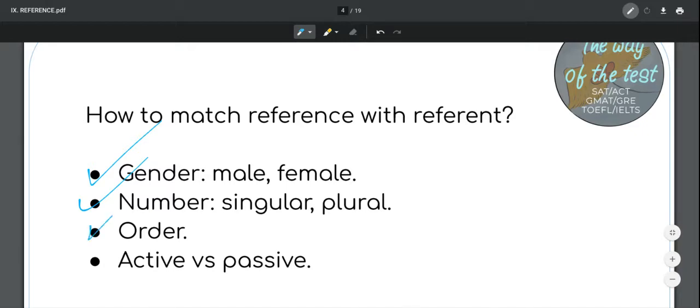I'm going to match the order of appearance, which means for a certain reference, the closest word to the reference will usually be the referent. And I'm going to match active versus passive. Like, am I talking about an object pronoun or a subject pronoun? So that way I'm going to see to which part of the previous sentence I'm actually referring.